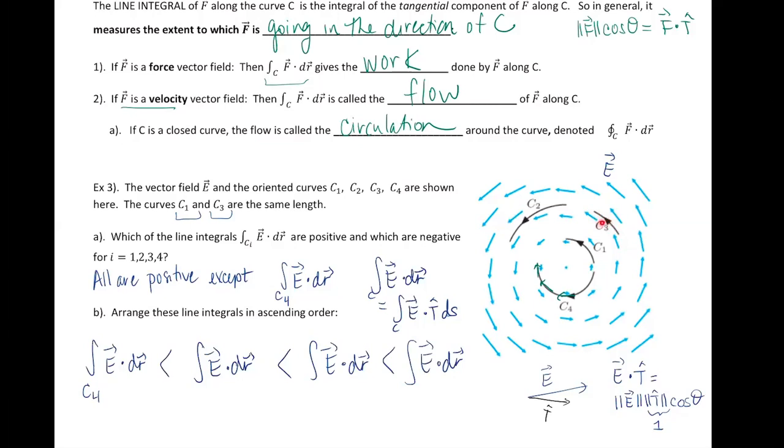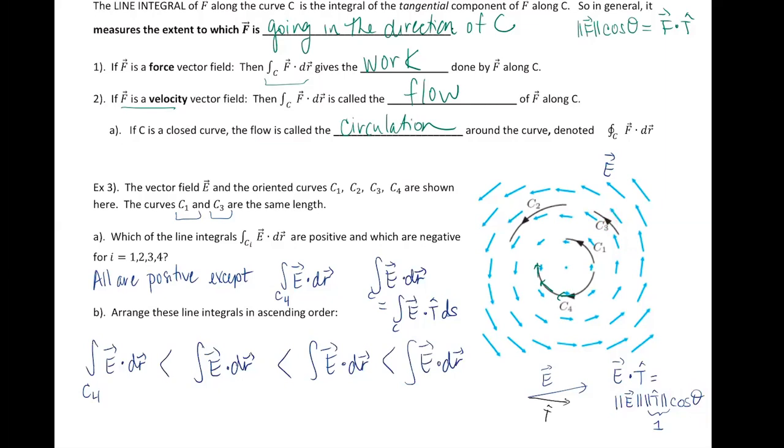Okay, so taking the dot product between these two, they're basically pointing in the same direction. And so I'd assume the angle between them is pretty much 0, and what's going to be contributing to the integrand is the magnitude of E. And here that magnitude is long.